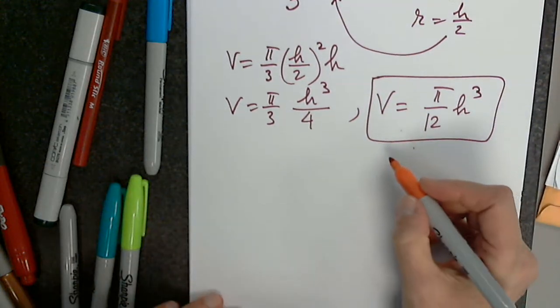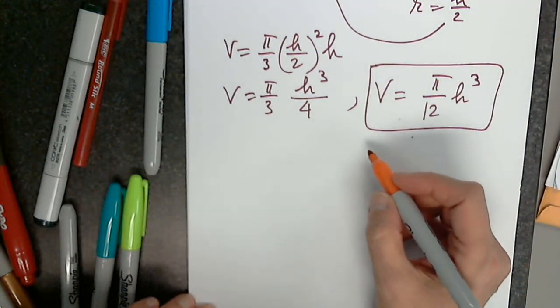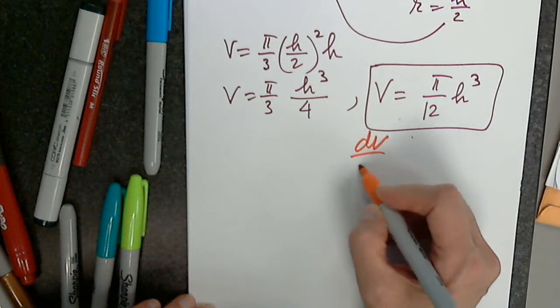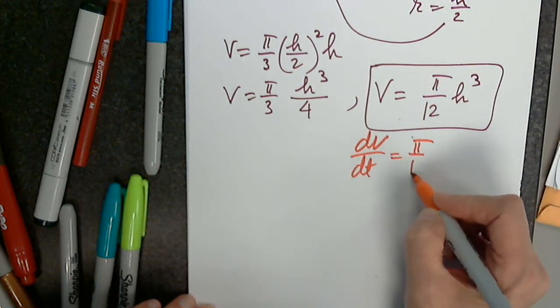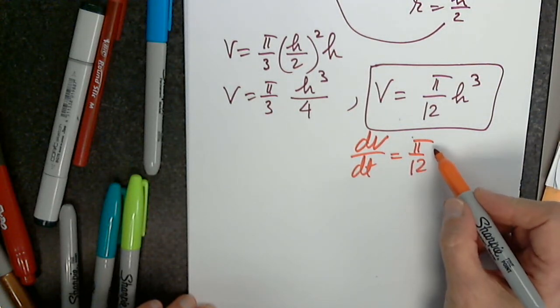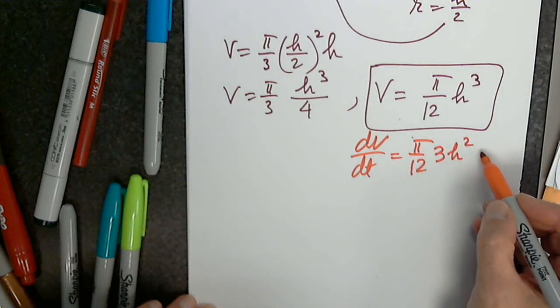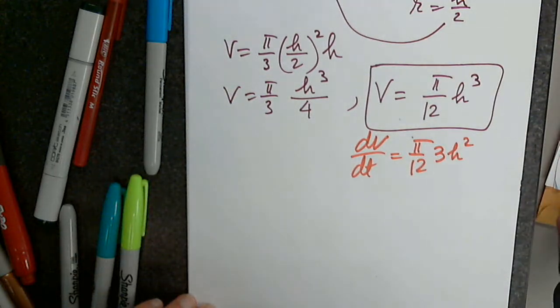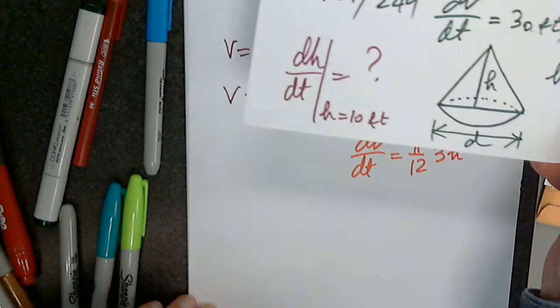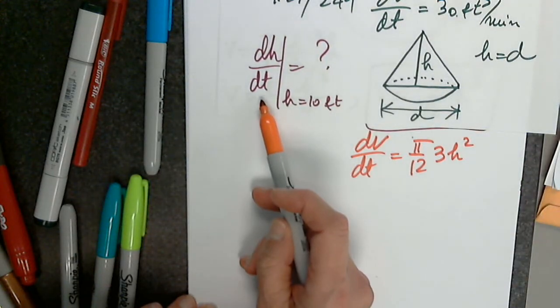Differentiation. Of course. So the left-hand side is dV over dt. The right-hand side is? h squared. You just told me what we are asked to do.